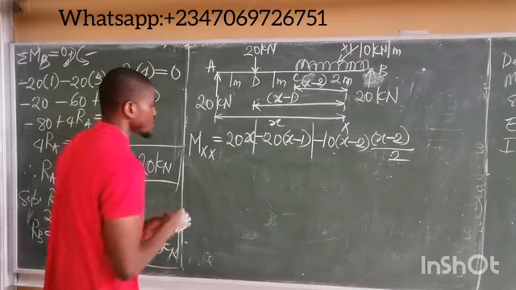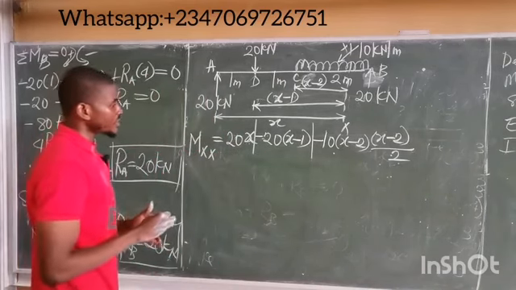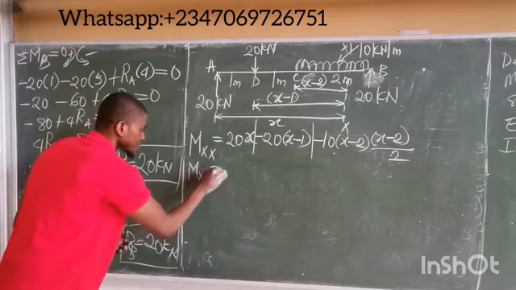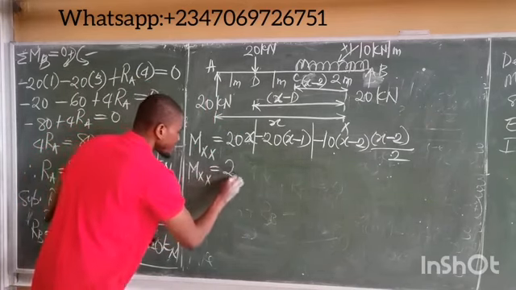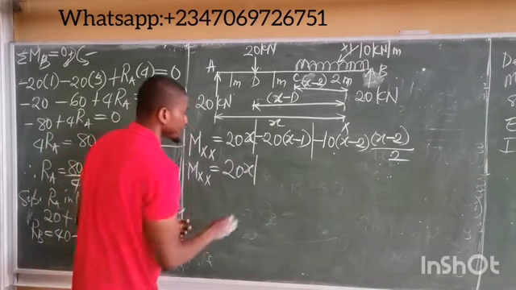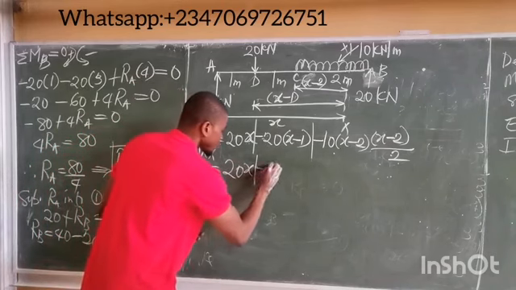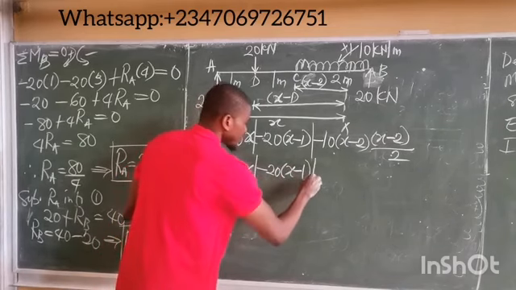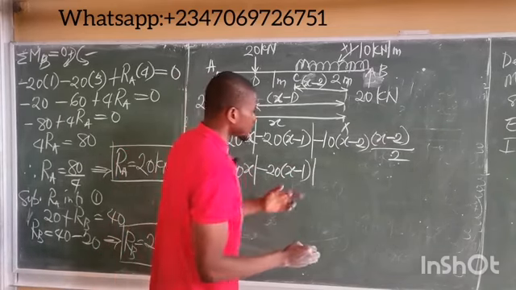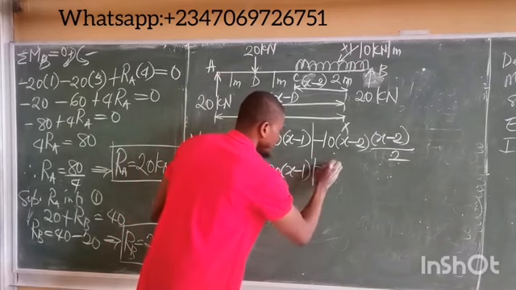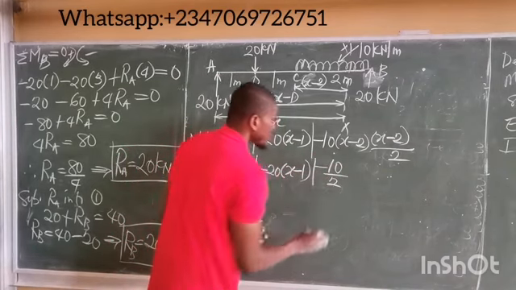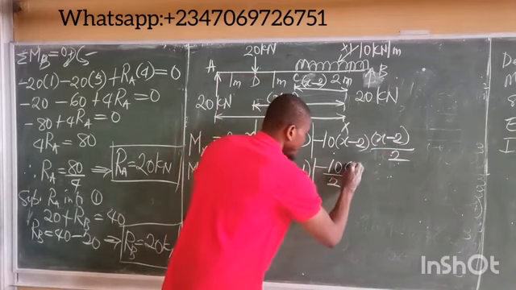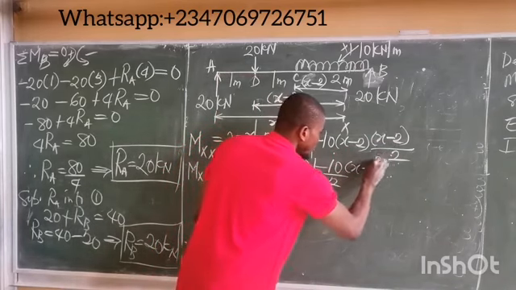Okay, so you may wish to break this down a bit. Moment about XX is now equal to 20x, put your Macaulay bracket, minus 20 into x minus 1, Macaulay's bracket. Now this simply becomes minus 10 all over 2, and of course x minus 2 times x minus 2 simply gives us x minus 2 all squared.